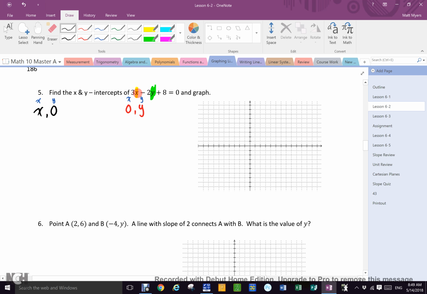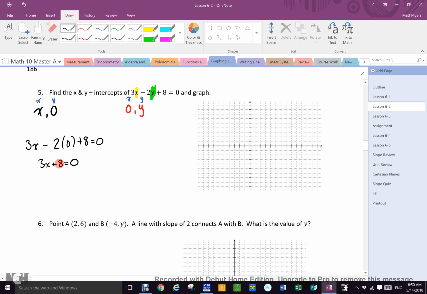What would I write right there? 3x, right? Because x is x. 3x minus 2, what's y? 0 plus 8 equals 0. Do we know how to solve that? 3x minus 0 plus 8. 3x plus 8 equals 0.